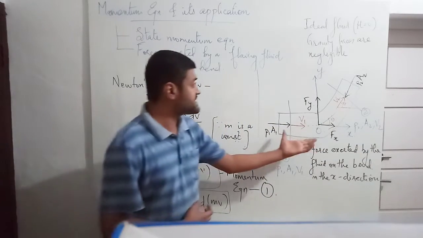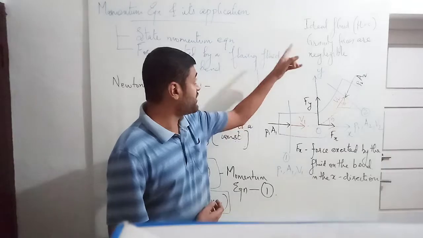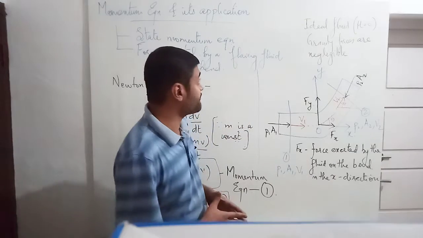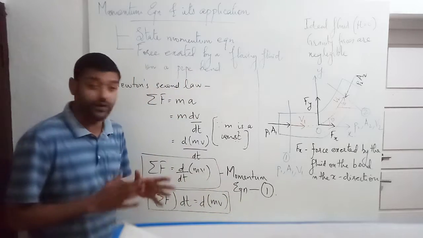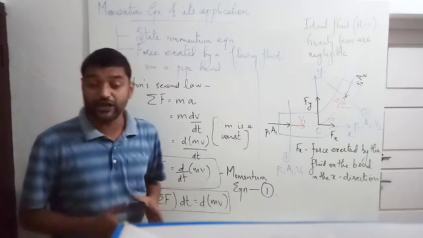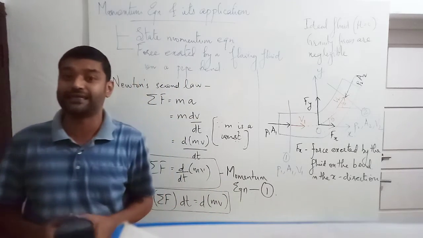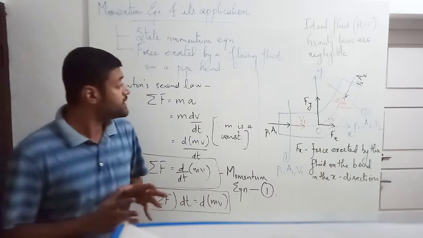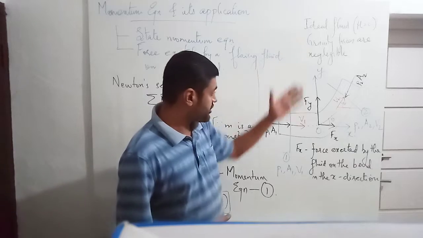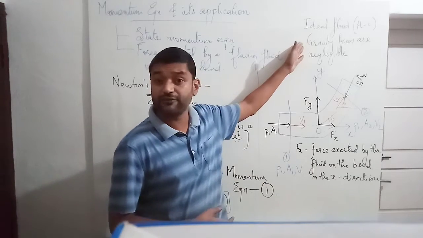Now, in this analysis, I have made a few assumptions. The first being, I have considered a flowing fluid which is ideal in nature. Whenever I say that this particular fluid is ideal in nature, I am referring to the fact that its viscosity is practically zero, which means the viscous losses or the frictional losses will be zero. And for this analysis, I have considered the gravity forces to be negligible.